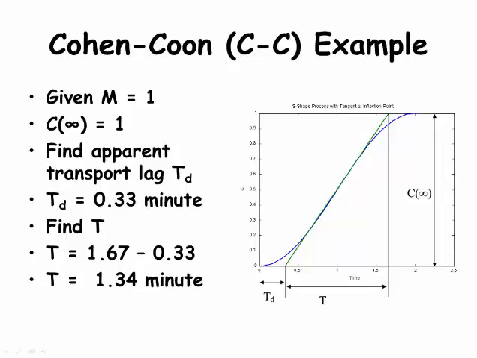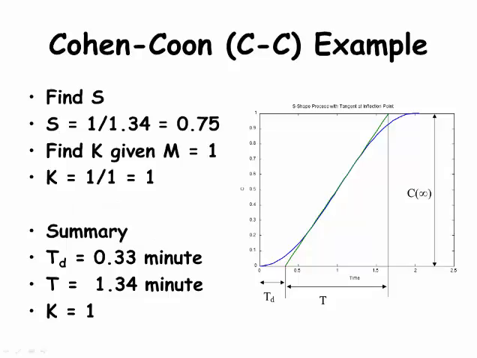Next we find the process time constant tau. We see that the tangent crosses C infinity at about 1.67 minutes. The process time constant tau is equal to 1.67 minutes minus 0.33 minutes, so tau is approximately 1.34 minutes.